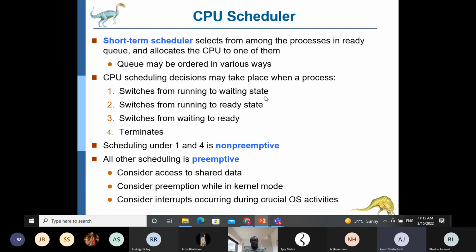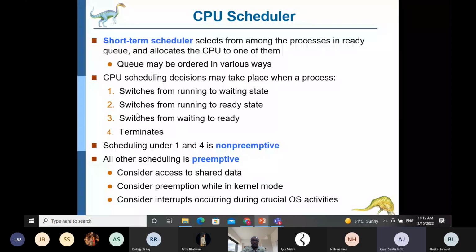When a process moves from running state to wait state, it voluntarily moves out of the CPU. Therefore, we need to give some other process to the CPU for its execution, right? This is one way where the process voluntarily moves out of the CPU because it has to wait for some event to happen, that means some input to be taken or some signal to arrive.